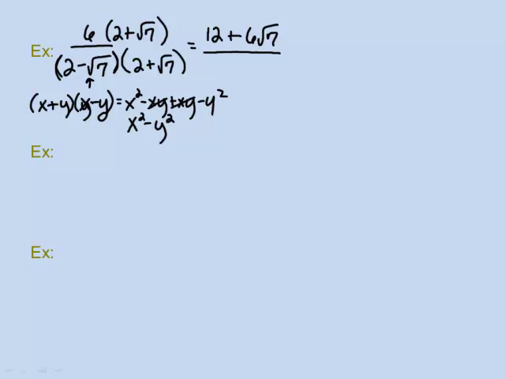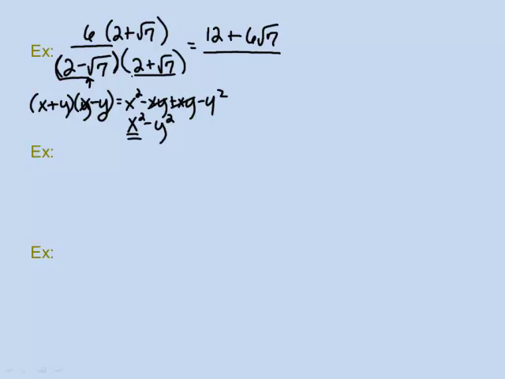That's the difference of two squares in reverse. So when you're rationalizing denominators, that's always true in these problems as well, because you're always multiplying by the exact same binomial, except that they're opposite in sign.